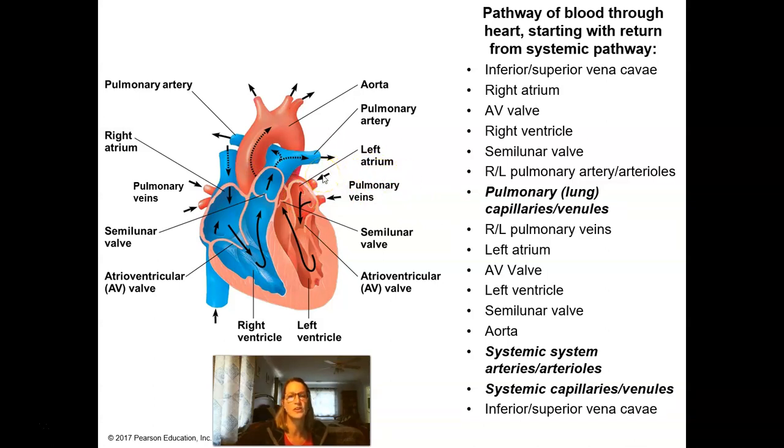Remember, that was the pulmonary circuit, when it goes into the lungs and the deoxygenated blood becomes oxygenated. So once it comes back through the pulmonary veins, it's going to enter the left atrium right here. And then it's going to move into the left ventricle. This is oxygenated blood now, through, oops, I missed the AV valve here, from the left atrium into the left ventricle through the AV valve, from the left ventricle through the semilunar valve, and then out into the aorta, which is going into the systemic circuit.